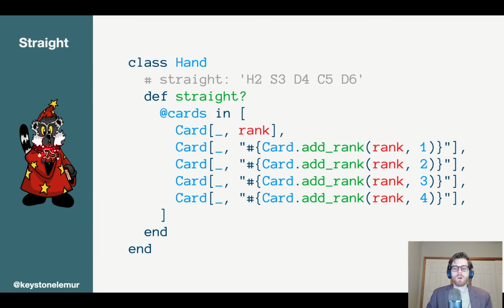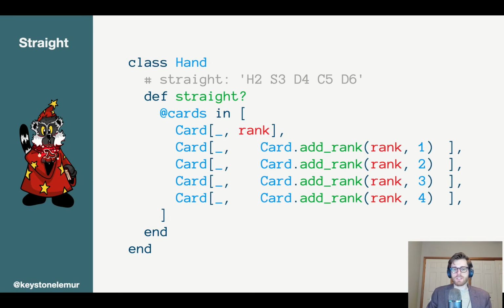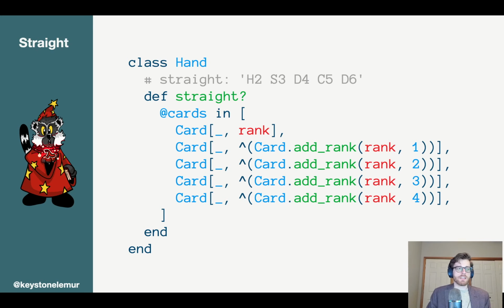I'm not 100% a fan of this, but I don't feel too terrible about this, as there is a proposal out for a new expression syntax. This expression syntax will end up looking something like this, which is caret followed by parentheses, and whatever's inside those parentheses will be evaluated as an expression. Now, this has been approved and merged, so patches in the meantime aren't terrible just to test things out, but I would not put them into production either.